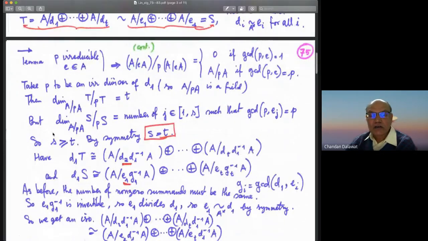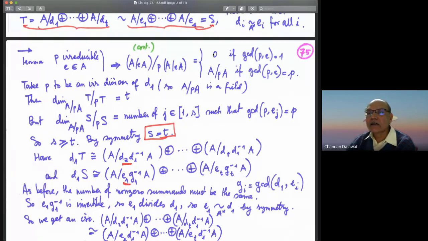But how about the dimension of S modulo PS over A modulo PA? This, by this lemma, is equal to the number of indices J such that the GCD of P and EJ is equal to P, because those are the only ones which contribute.